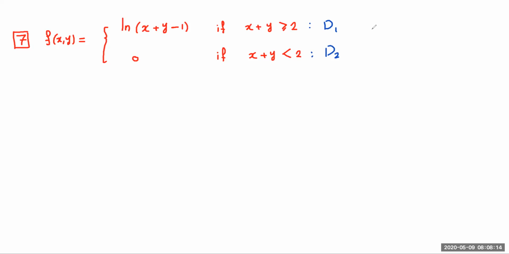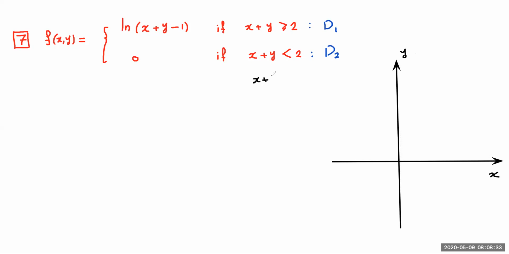Now let's sketch the region D1. Or let's sketch D2 at first. So we have the x-axis and y-axis. Let's sketch the line x plus y equal 2. Suppose this is 2, and here also 2. Let's sketch the line in red, for example. So this is the line x plus y equal 2.